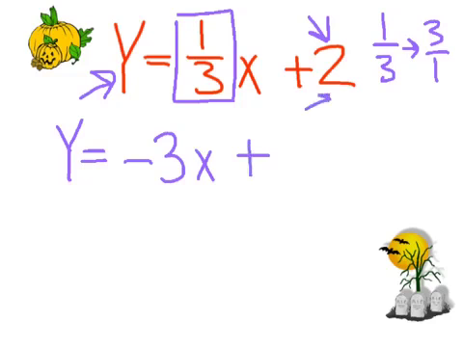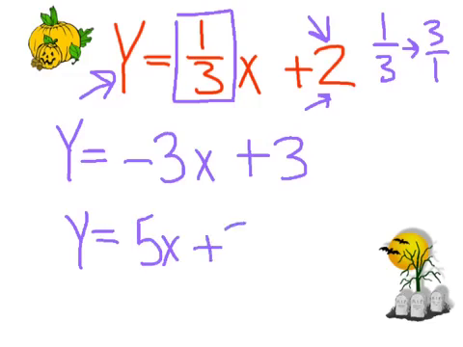And like I said, the y-intercept doesn't matter. We can put any number there that we want. What if we had y is equal to 5x plus 3? What's the reciprocal of 5? 1 over 5. Remember, 5 is the same as 5 over 1. If we have a whole number, just put it over 1.